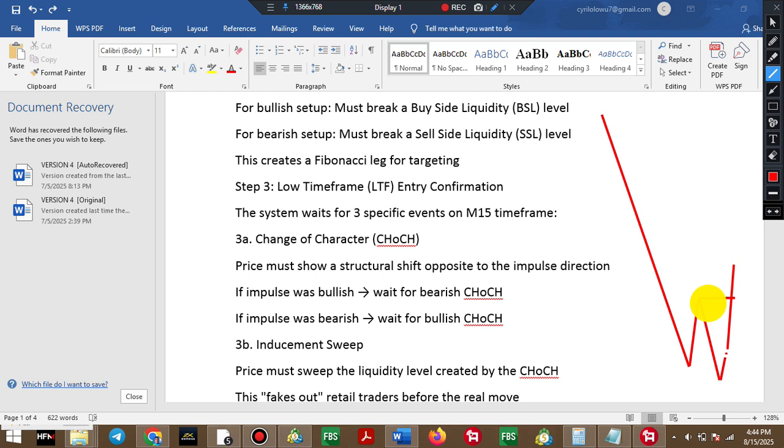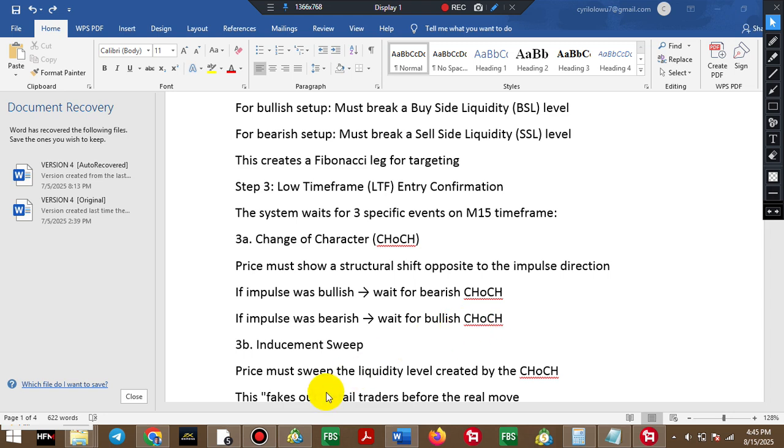And when it detects a change of character, the next thing it waits for is price must show a break of structure, shift, or change of character in an opposite direction based on the impulsive move. If impulsive was bullish, the software will be looking for a change of character to bearish. And if impulsive is bearish, it will be looking for a bullish change of character.